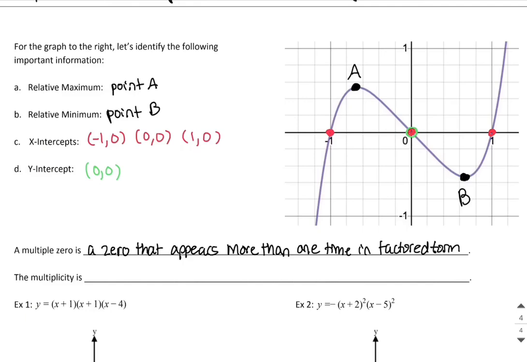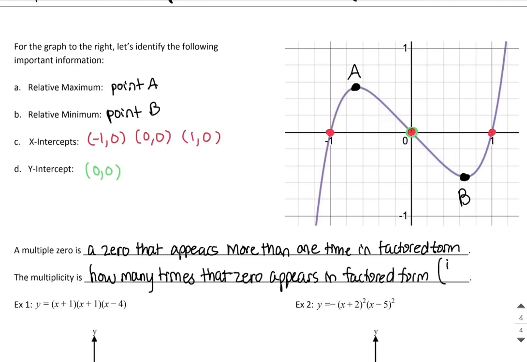And if I have a multiple zero, I want to talk about the multiplicity. The multiplicity is how many times that zero appears in factored form.